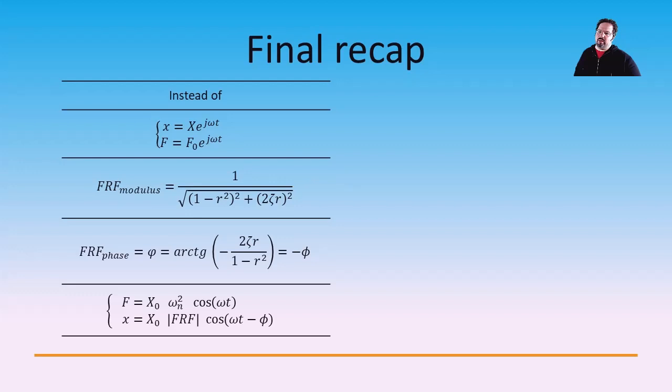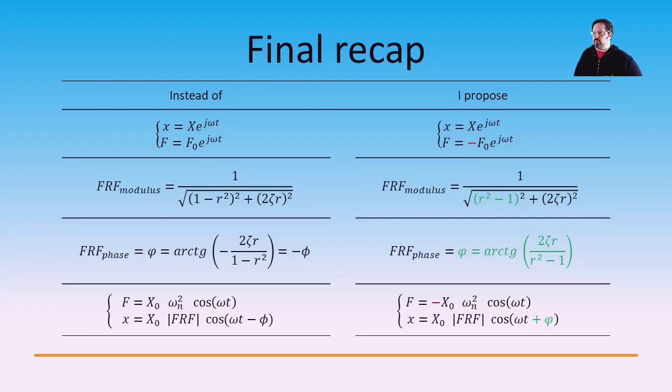Instead of that set of equations for the modulus and phase, and the final resulting set of equations of force and displacement, I propose those ones with the negative force that results in a positive variable at its highest power, in an expression of the phase that makes sense to me, and above all in the final set of equations of displacement and driving force, that has a physical meaning.